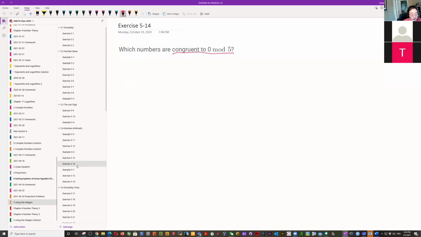Basically, the numbers are 5k plus 0. So basically, that 0 is a congruent number. So it's just 5k. What numbers are congruent to 0 mod 5 is actually 5 multiples, 5k, and k belongs to the integers. So this is 5 multiple congruent.